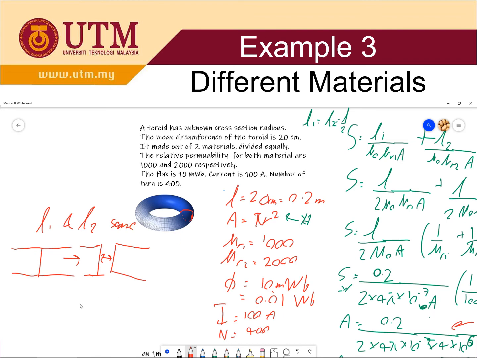However, if the question says it is cut, it means this material, material 2, has been cut and this part is removed from either material. So in this case, either L1 or L2 needs to be minus the L gap.